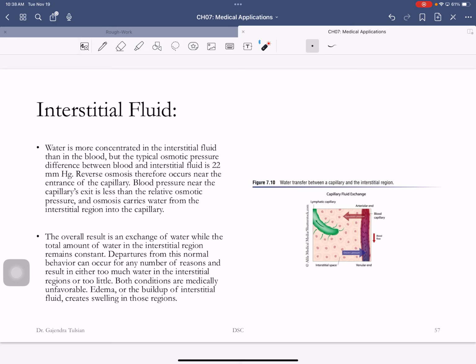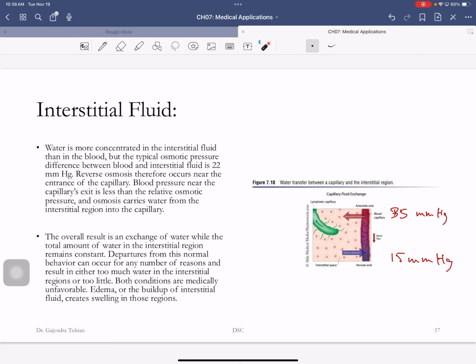Blood pressure near the capillary's exit is less than the osmotic pressure. Here it's 15 millimeters of mercury, and the osmotic pressure, which is 22 millimeters, will force the water back. So water comes out into the interstitial fluid and goes back in there.